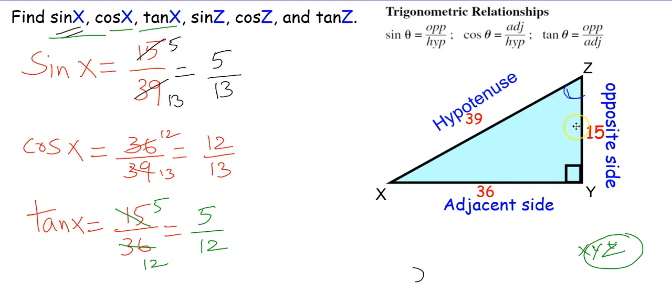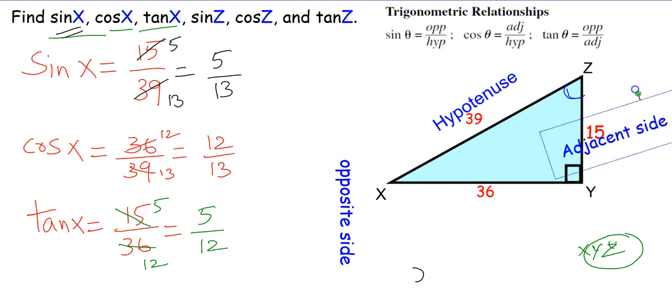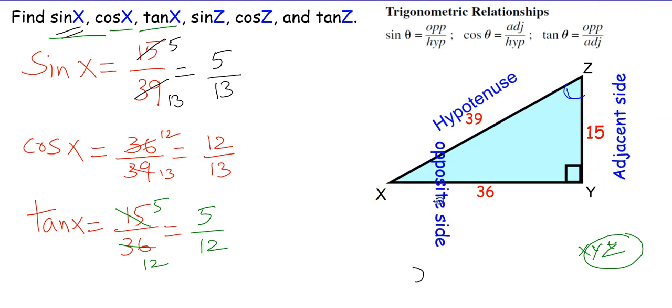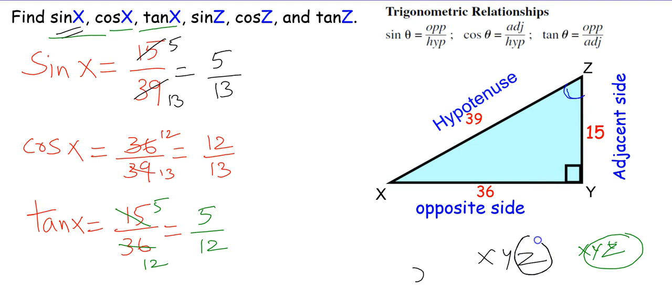Because of this angle z, I have to remove YZ as the opposite side, and YZ becomes the adjacent side, and the opposite side is the remaining side, the side opposite to angle z, which is XY. Like I said before, in triangle XYZ, z is the angle, so the side opposite to z is XY, which is 36 here.